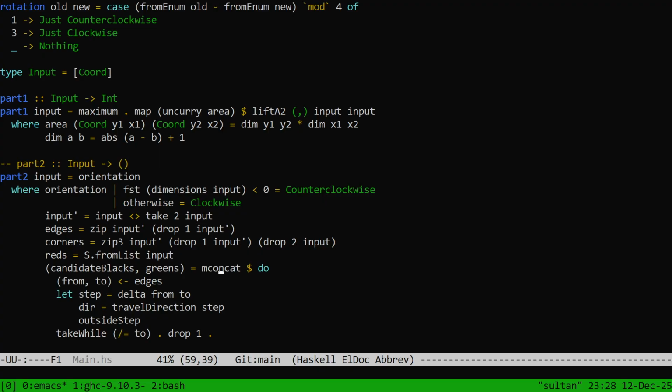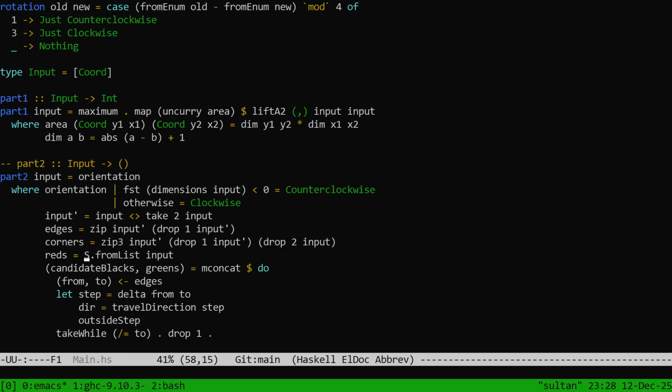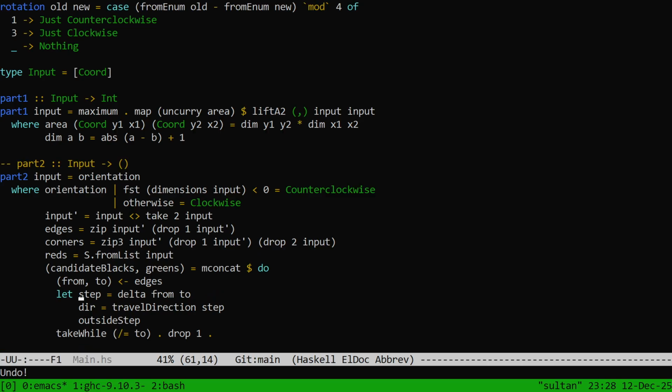And it's also what I can use to look outside. So I don't actually... Do I need this delta? No, I just need the travel direction. Travel direction doesn't even take one arg, it takes two.